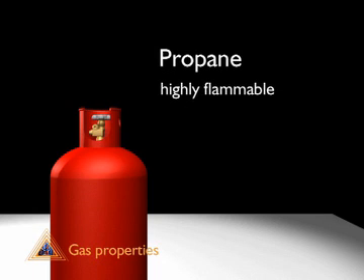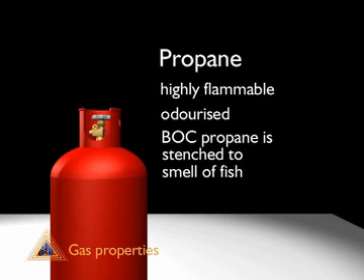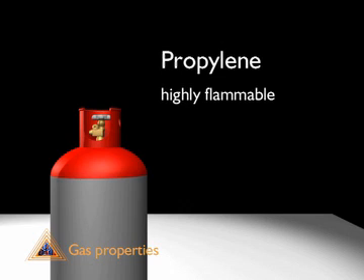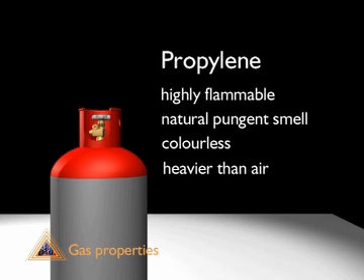Propane is highly flammable. It's usually odorized to give a characteristic smell. BOC propane is stenched to give a smell of fish and is heavier than air. Propylene is highly flammable. It has a natural pungent smell and is colourless. It's heavier than air.